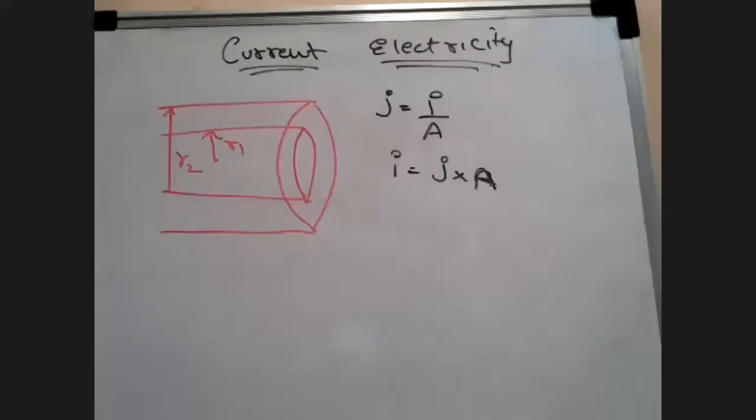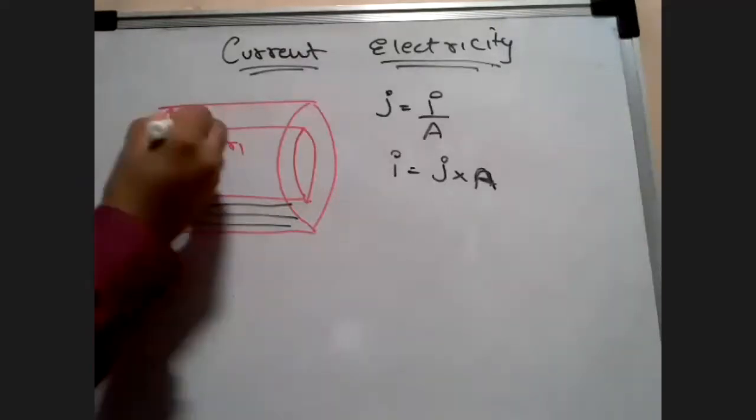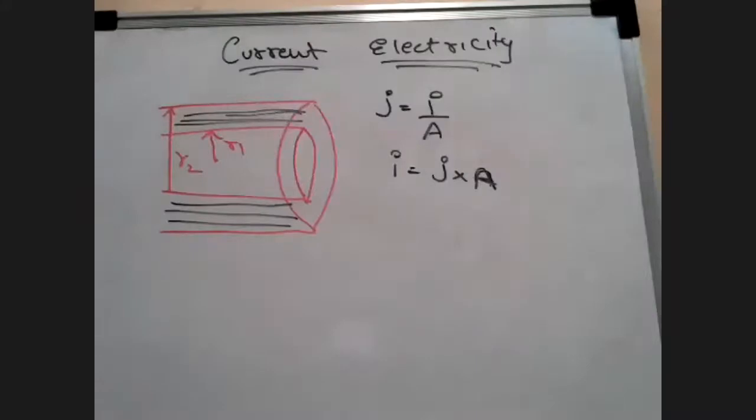I told you it's a cylindrical shell. If it's a cylindrical shell, is there current flowing through the inside? No. Current is only flowing through the shell part.